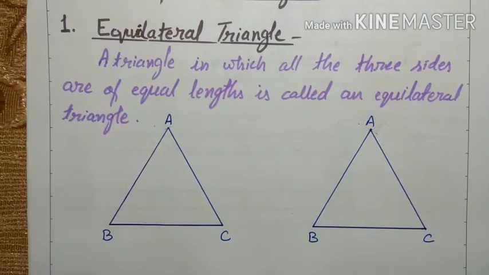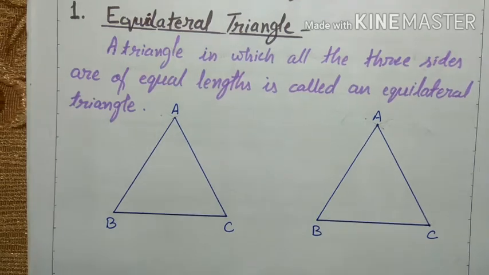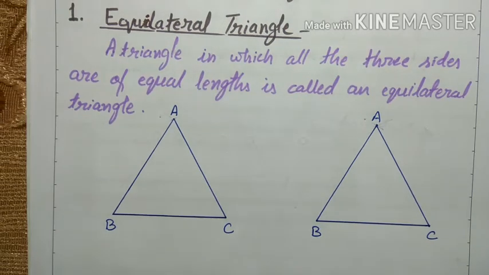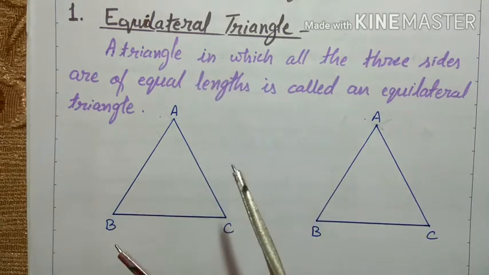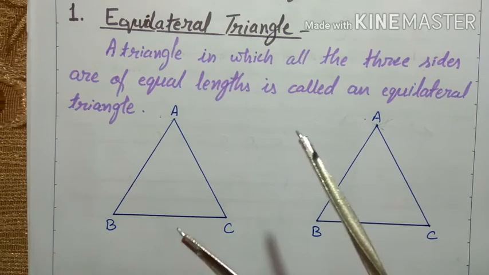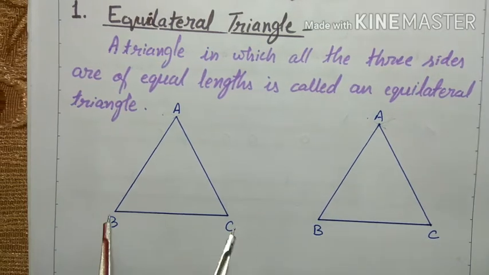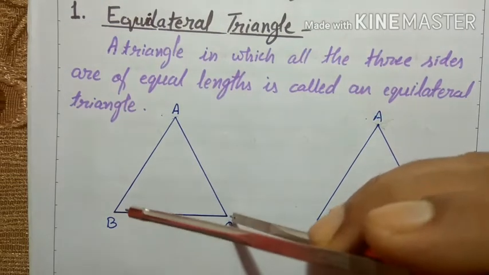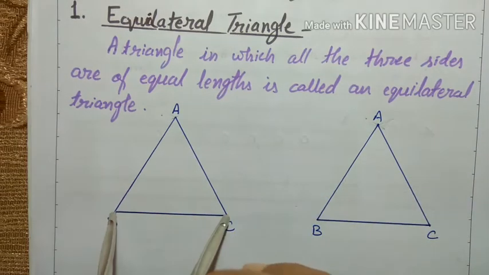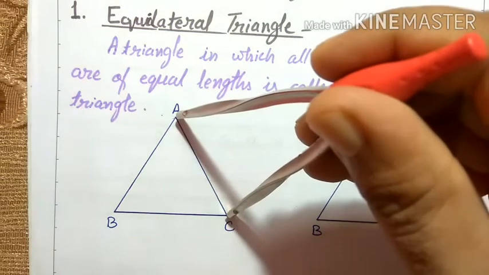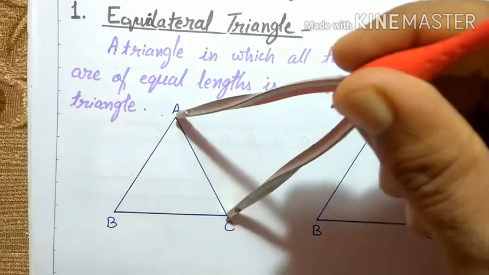Now here I have drawn the figure of two equilateral triangles. Let us check the sides. Are the sides of equal length? For that I am going to use this divider and check the sides. I have to measure this way. Look, the length of this side is this much. Now if we check the length, yes, exactly, this is the same.